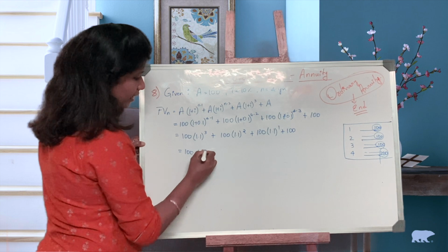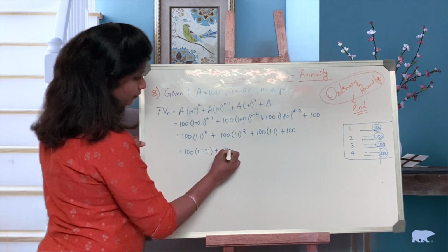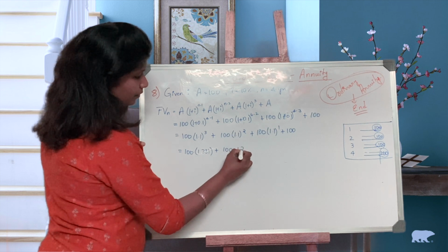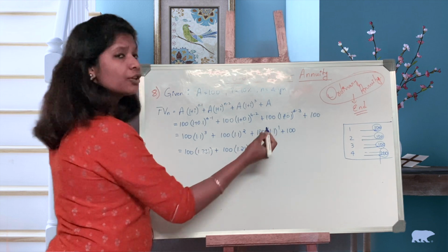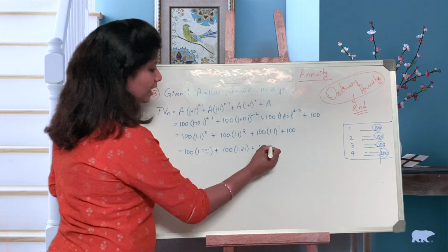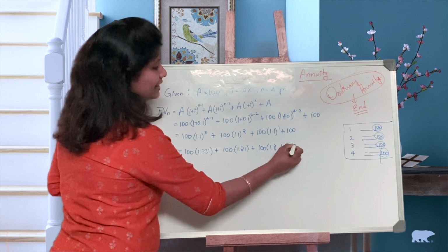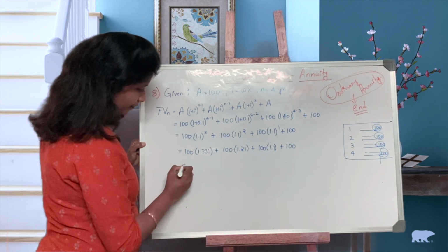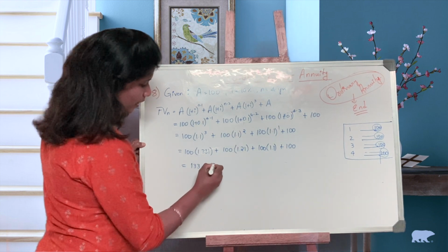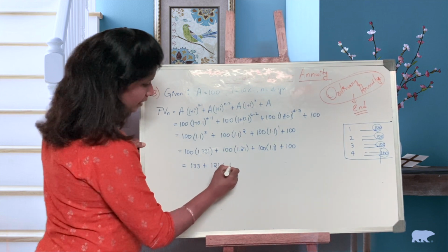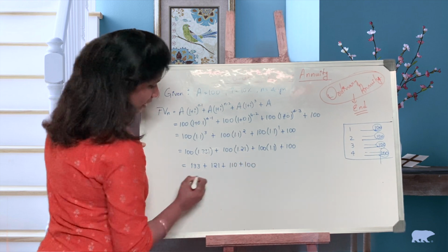1.1 to the power of 3 is 1.331. 1.1 to the power of 2 is 1.21. Anything to the power of 1 is 1.1 itself, and 100. So it's going to be 133 rupees, 121 rupees, 110 and 100.